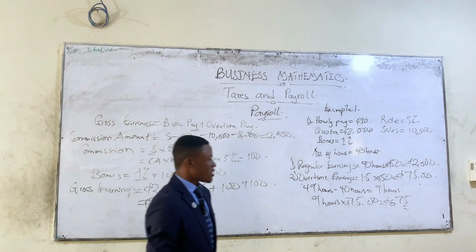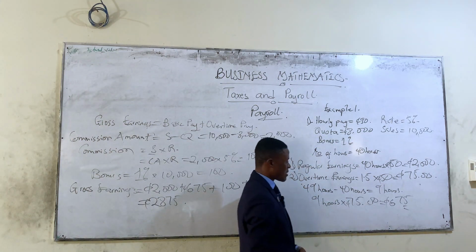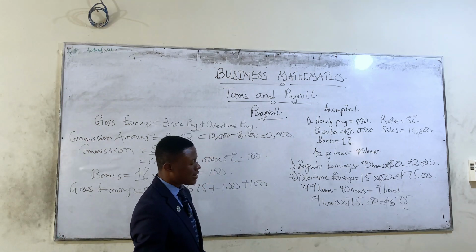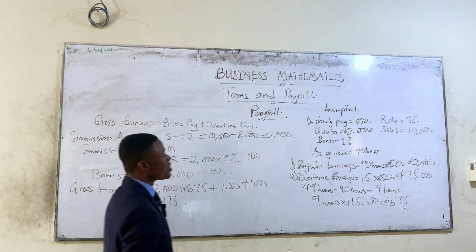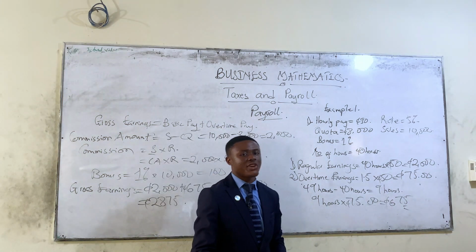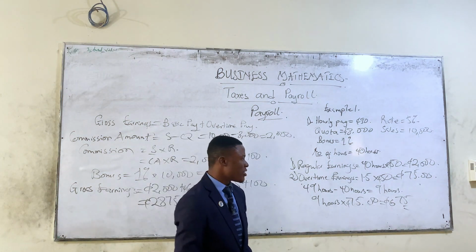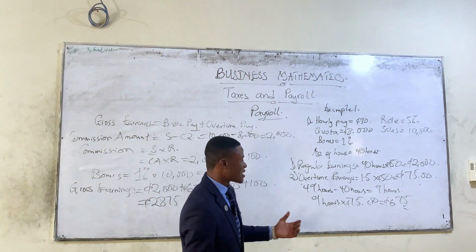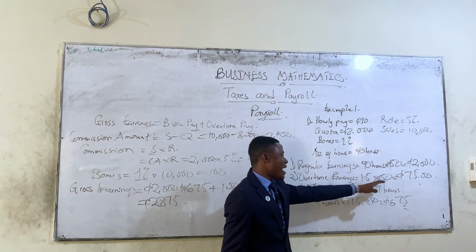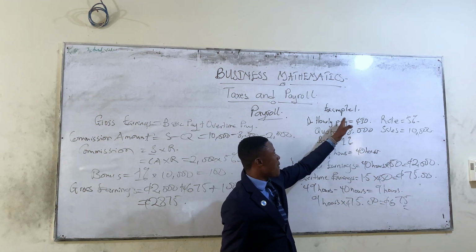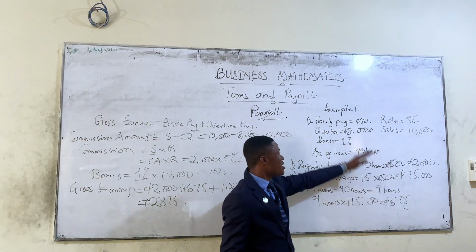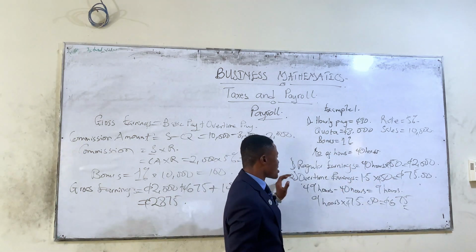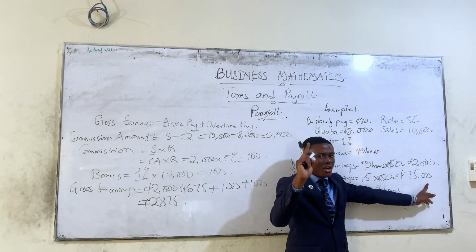Great. So this is how you have to go about it. And with the overtime tax, you have to find your overtime pay first. How do you find your overtime pay? You multiply 1.5 by the hourly pay, so 1.5 by 50 or any hourly pay they are going to give you, and you get your overtime pay per hour. Are you good?